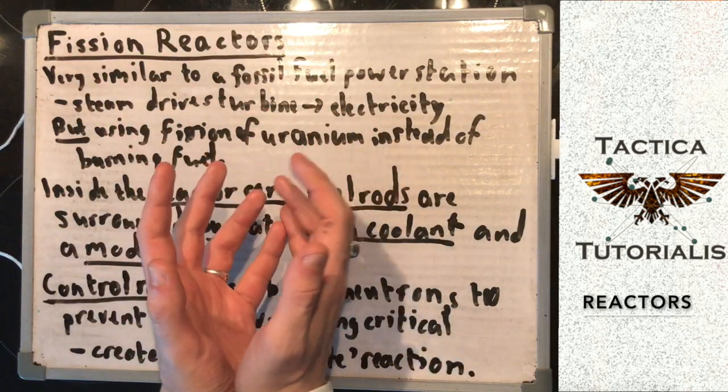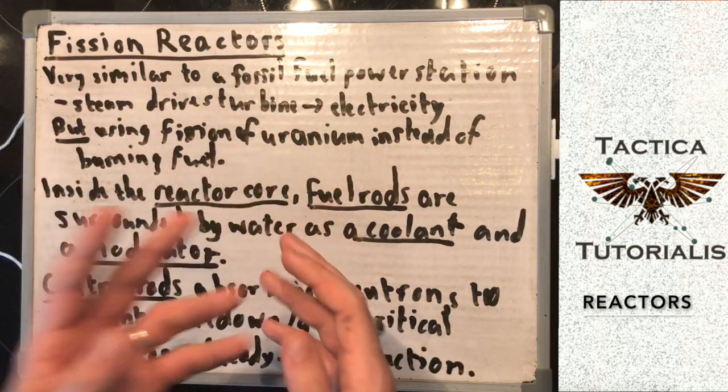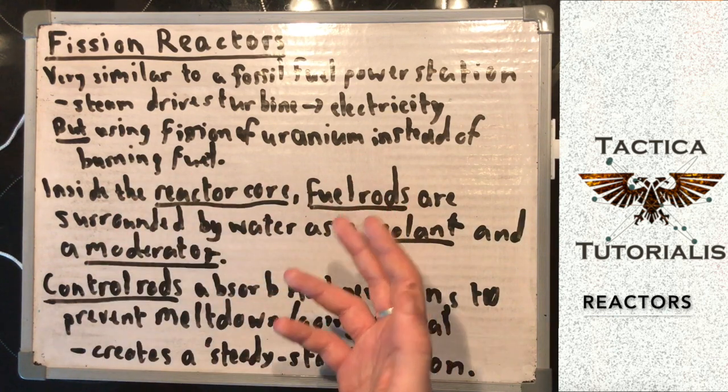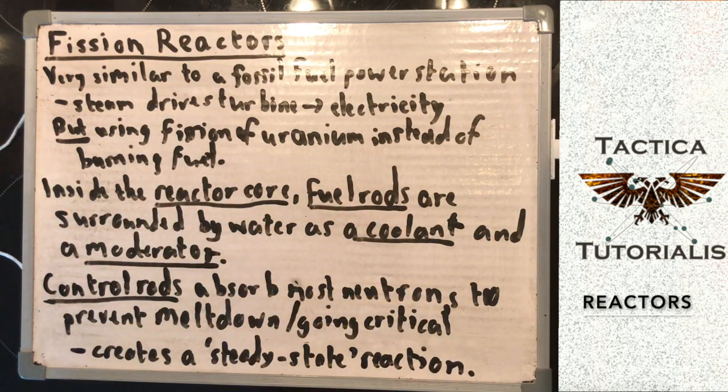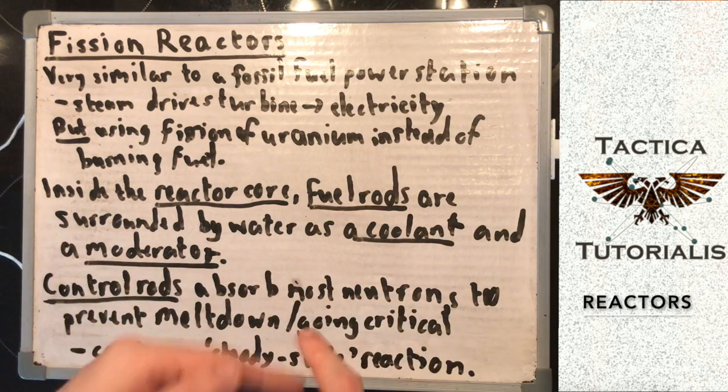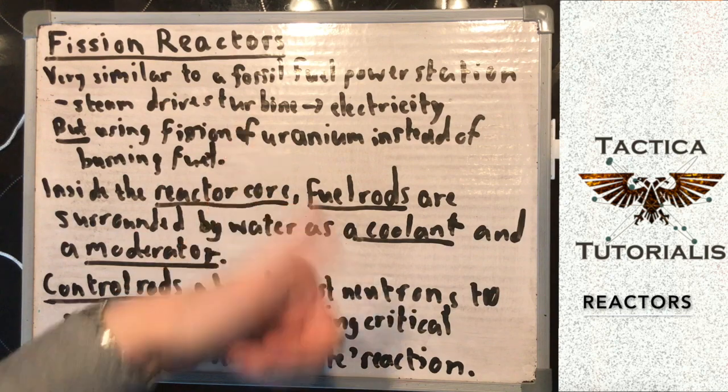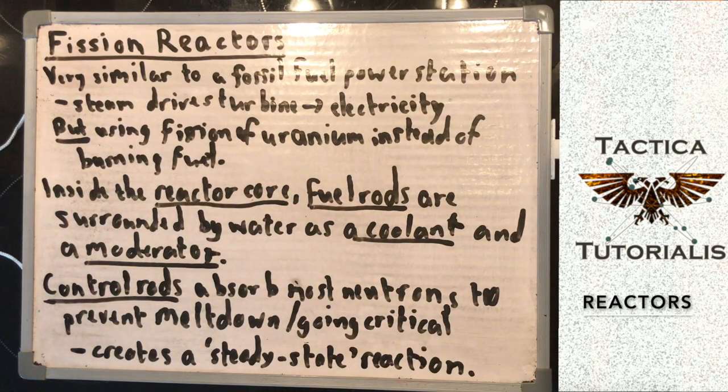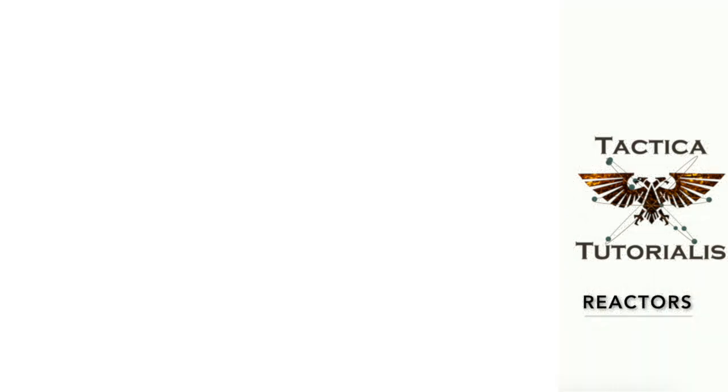Around all of that is your water, which is both a coolant and a moderator. What that means, I'll talk about in a moment. And then from there, a lot of it is very similar to a conventional reactor. You boil up some water, and that generates steam, goes off to a turbine, drives the dynamo, out comes electricity, everybody's happy. So, take that down, and we'll talk about the other bits in a moment.